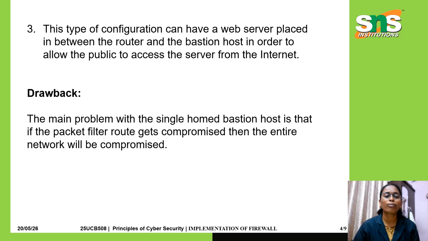This type of configuration has a web server placed between the router and the bastion host in order to allow the public to access the server from the internet. The main drawback of the single homed bastion host is that if the packet filter router gets compromised, then the entire network will be compromised.